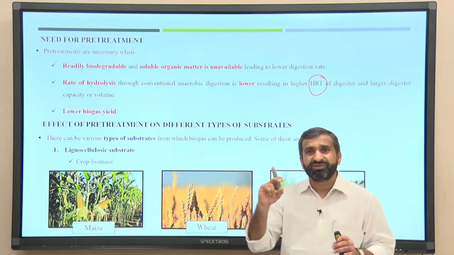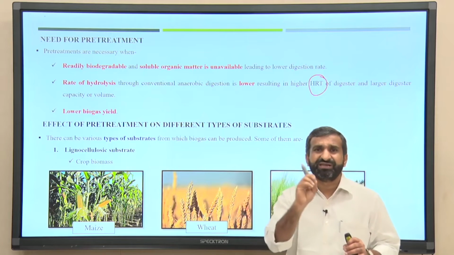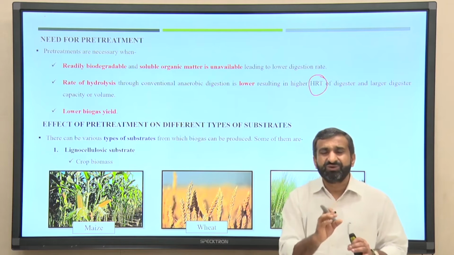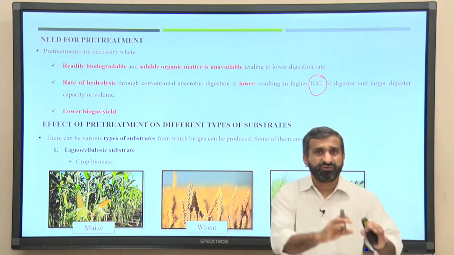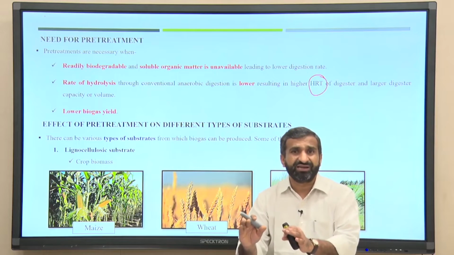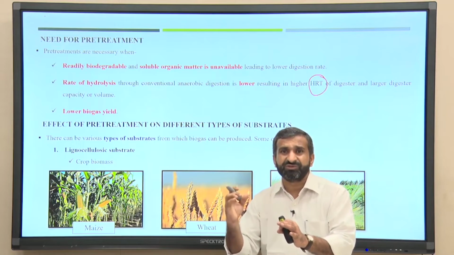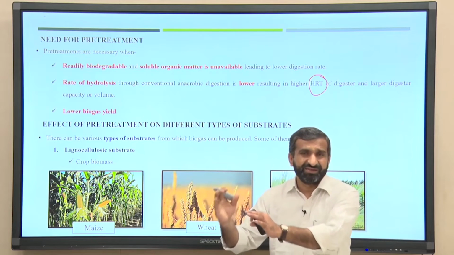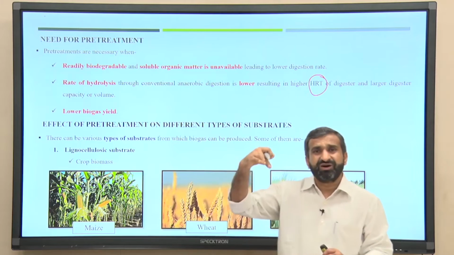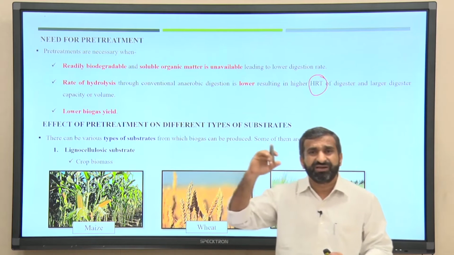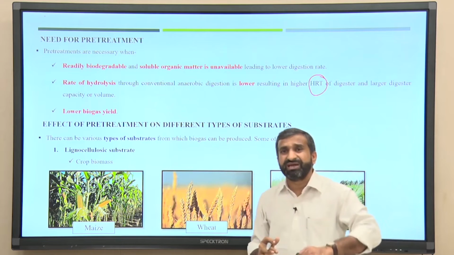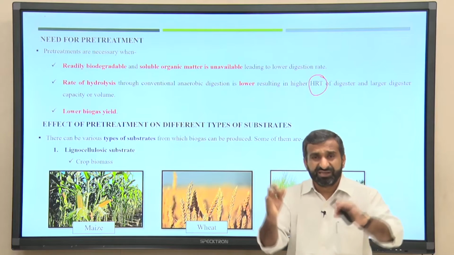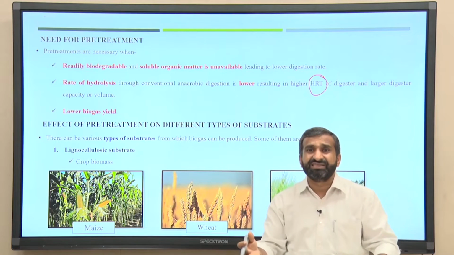Both hemicellulose and lignin are very difficult to degrade by aerobic or anaerobic bacteria. In the composting process we already know that lignin or hemicellulose is degraded by fungi in the maturation phase or the end of the thermophilic phase. But in the anaerobic digestion process, it is very difficult to degrade them in one single digester.